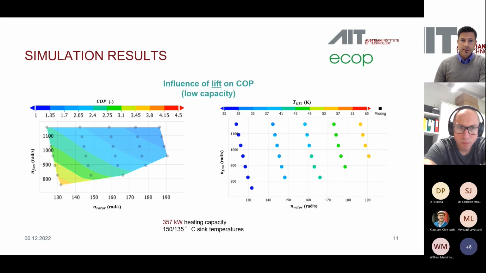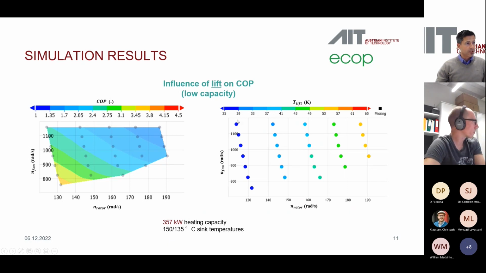On the next slide, these are only simulation results. From here on, we are going just with the model, and we aim to analyze the influence of isolated variables, here the lift, and we try to keep the rest of the variables constant. So on the lower side, you see we have a very small heating capacity of 360 kilowatt, and the sink was always heated up from 135 to 150 degrees Celsius.